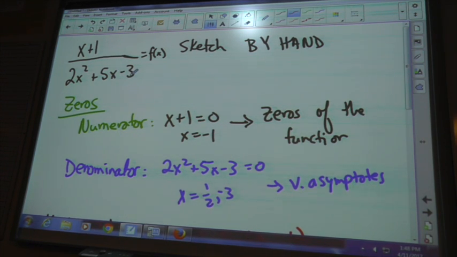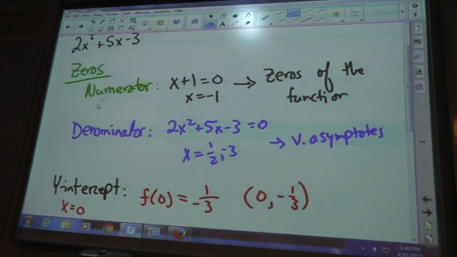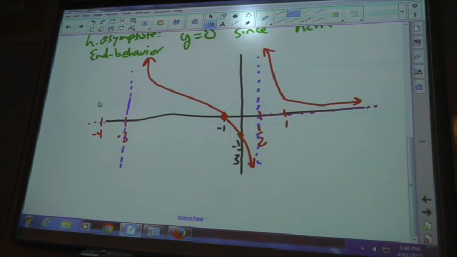Minus 3 is 9. It's negative over positive. Negative. Now you can put this in your calculator if you needed to. It's going to be negative something. The point is that it's negative. Thus, it has to look like, well, it doesn't look like that. It looks like this.